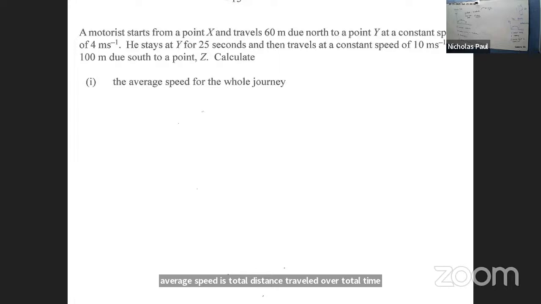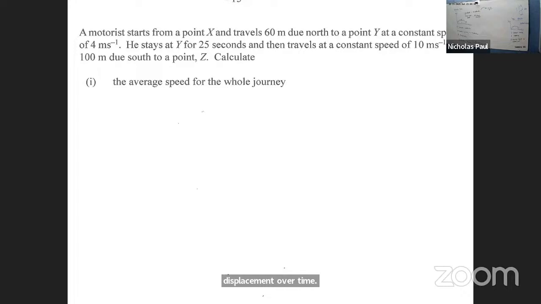Average velocity is total displacement over total time taken. Average speed, total distance over total time. Average velocity, total displacement over time. All right, take a little read there.